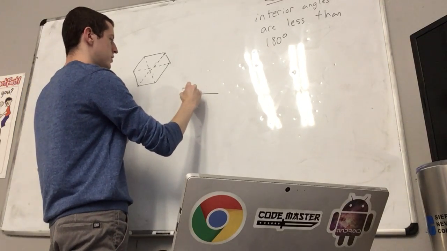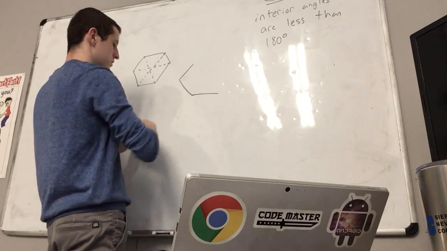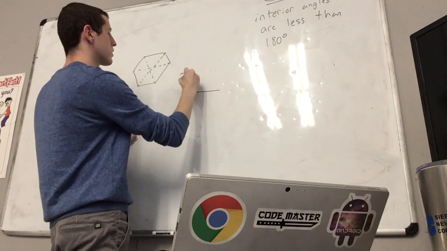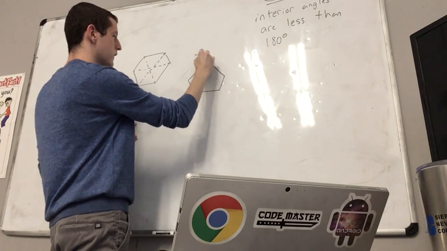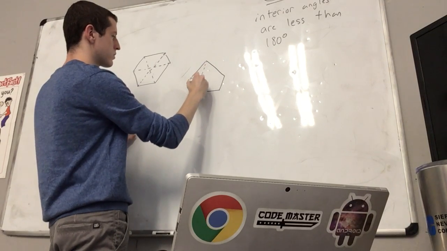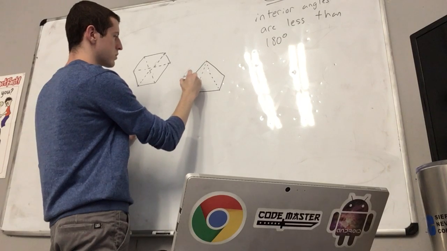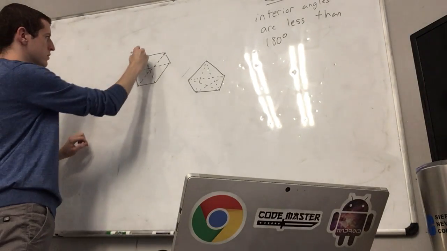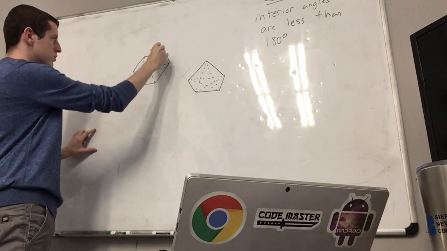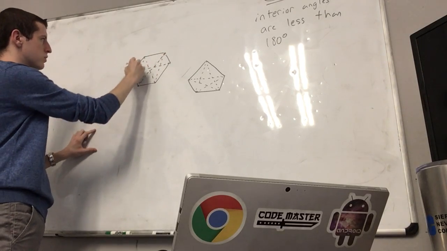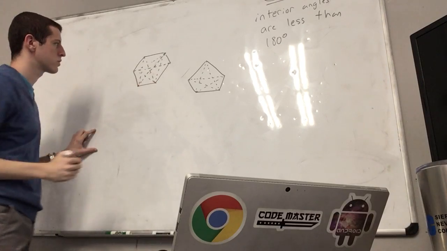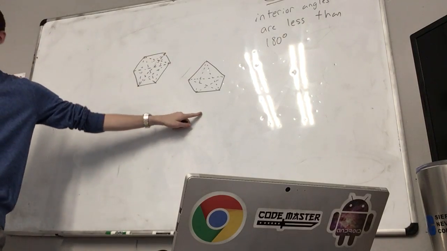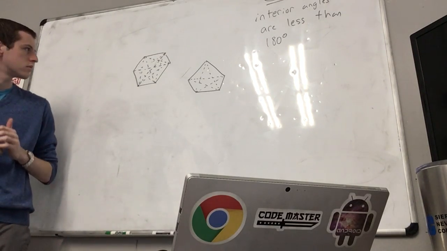For a pentagon, you get that familiar star, if I could draw a good pentagon. So you could do pentagon, hexagon.